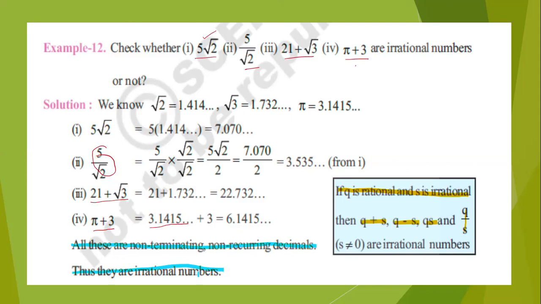Among those two, one is rational, that is Q, the other one is irrational, that is taken as S. If Q is rational and S is irrational, then Q plus S, Q minus S means subtraction, QS means product, that means multiplication, Q by S means division, that is a quotient, where S is not equal to 0, are irrational numbers. You may remember all these points, and we move to the next slide.